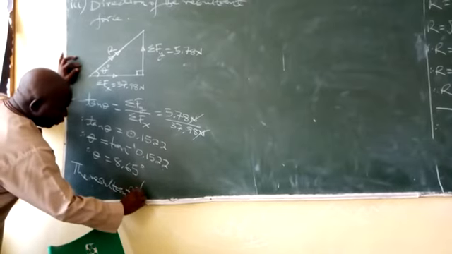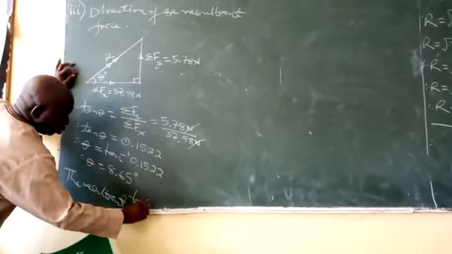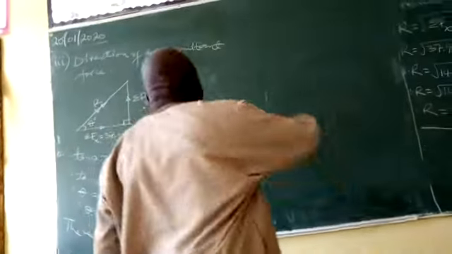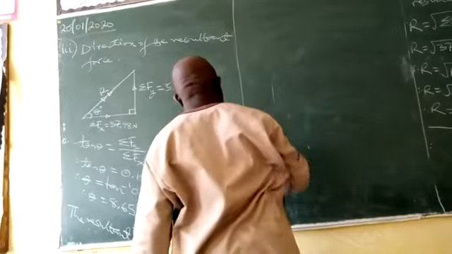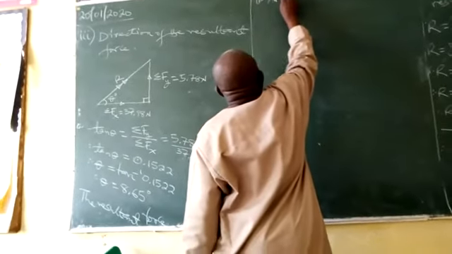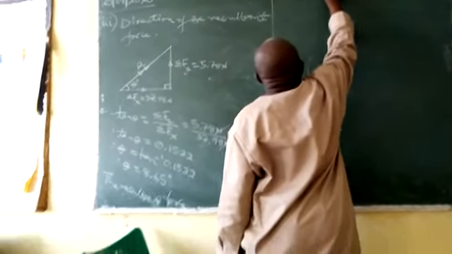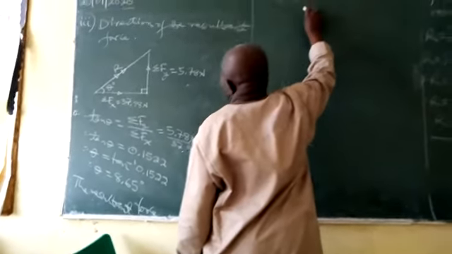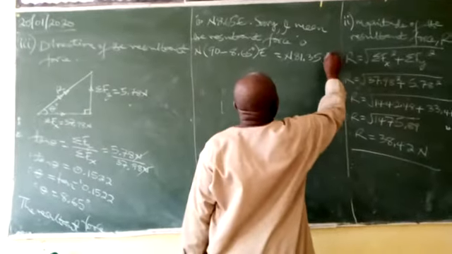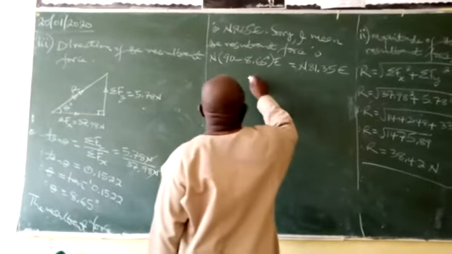The resultant force, yes, this we have already captured it. The resultant force is 8.65 degrees northeast.